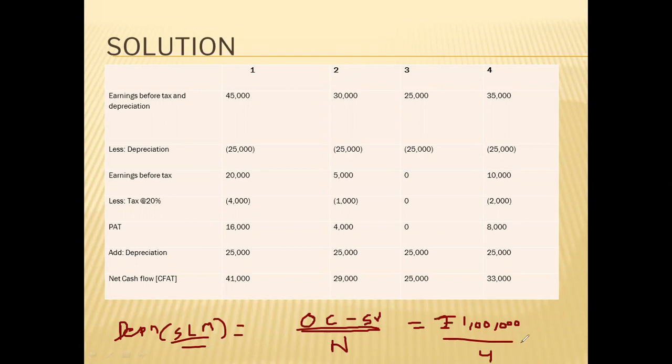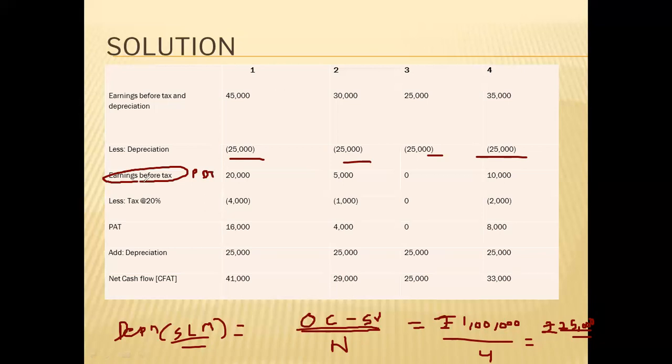So 1 lakh divided by 4, what will be your depreciation? It will be 25,000 every year, since this is the straight line method. Reduce it from the profit before tax and depreciation, so you will get the earnings before tax, or profit before tax.